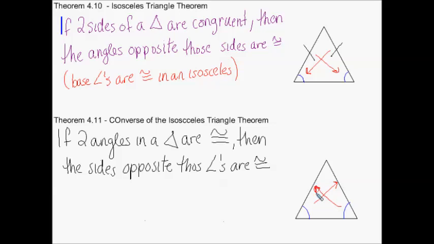So the theorem starts with the sides being congruent and then gets us the angles. The converse of the theorem starts with the angles congruent and gets us the sides. But it's still the same thing. If you have an isosceles triangle, your two legs are congruent and your two base angles are congruent.